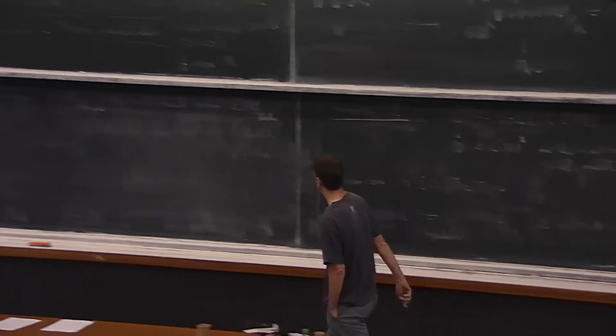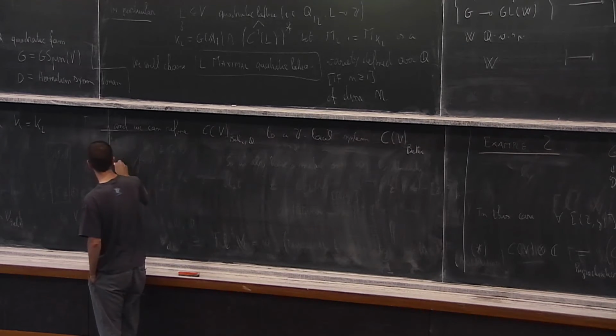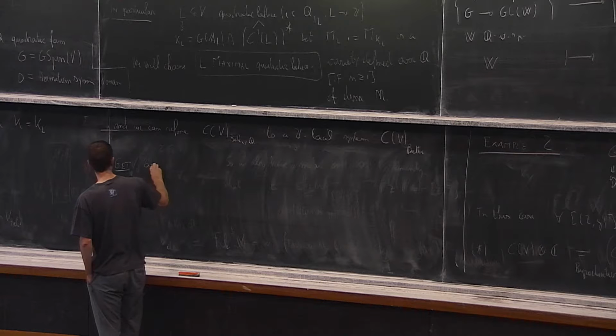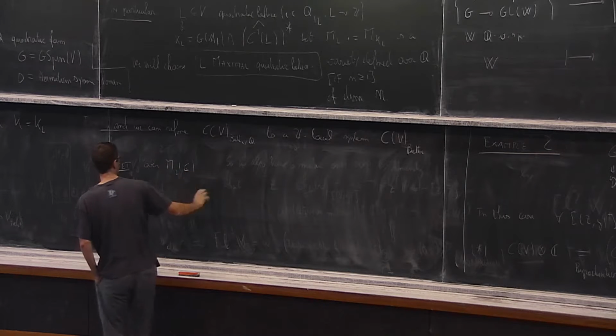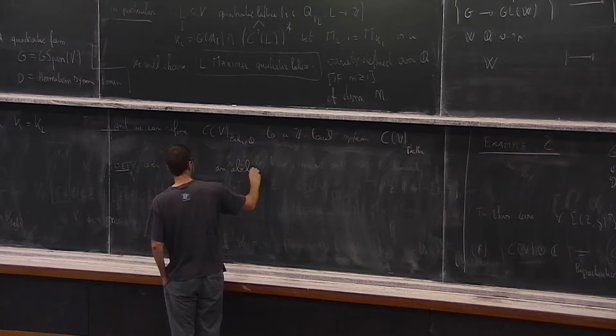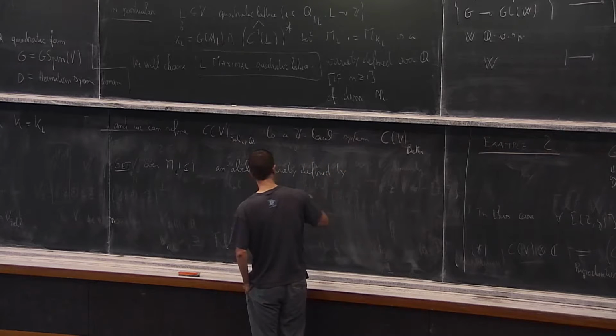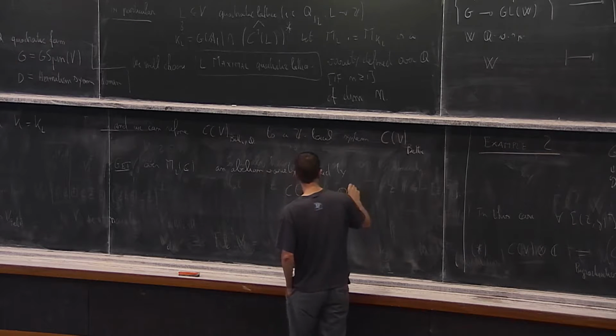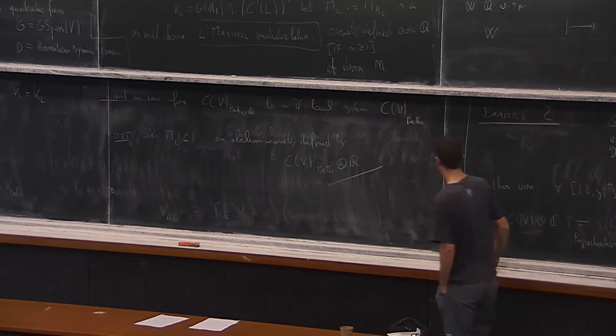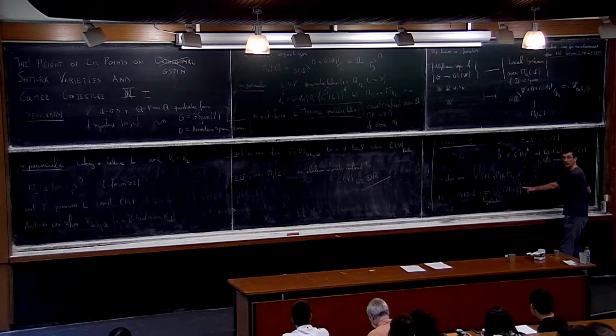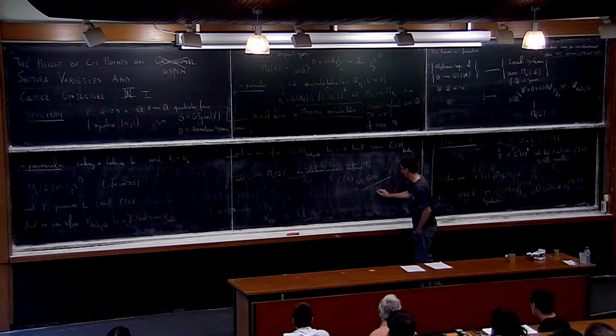To a Z local system C(V) Betti, and in particular, we get over M_L(C) an abelian variety defined by taking our local system tensored with R, and then having such structure simply implies that on this real vector space you are defining a complex structure, and then you mod out by a lattice.